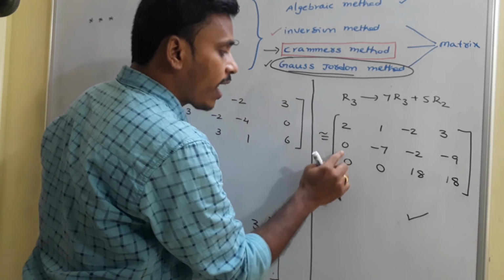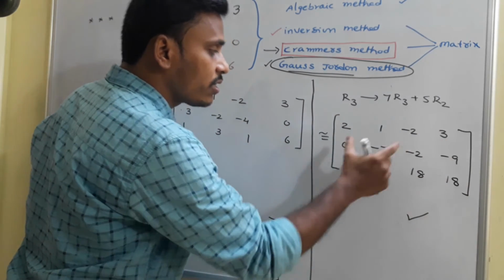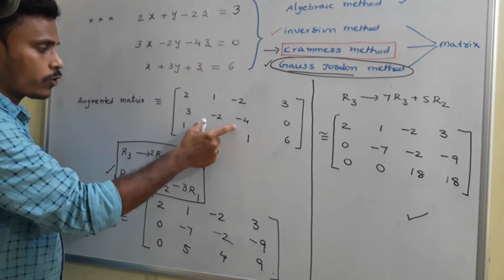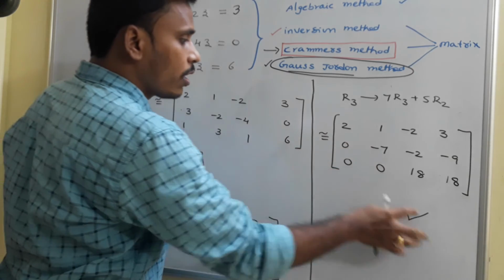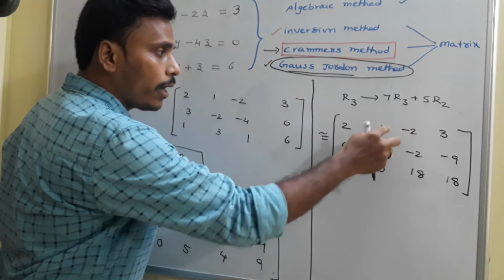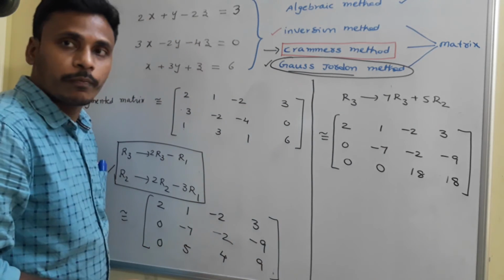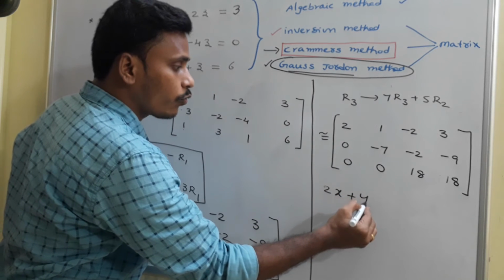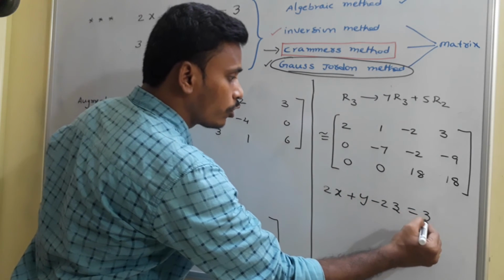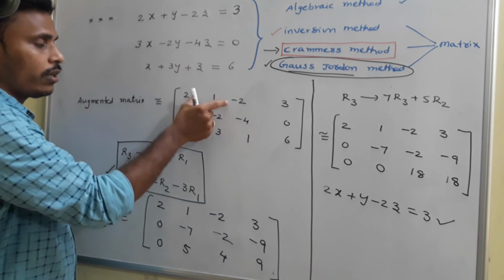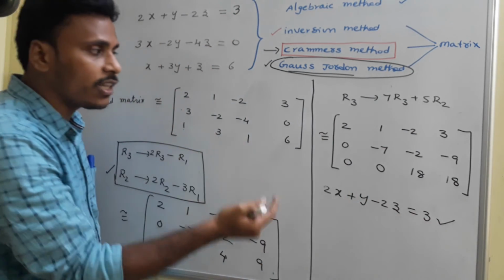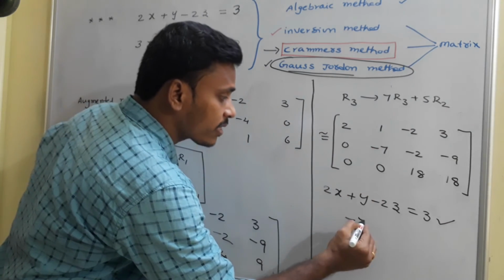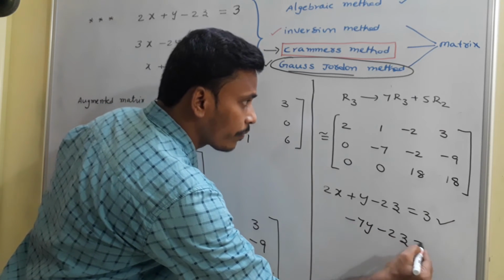At the end, after having these three elements as zeros, this is the augmented matrix. Observe these three equations, this is the matrix form. Now if you convert this augmented form into algebraic form, what are the three equations? 2x plus y minus 2z is equal to 3. 0 into x is 0, so minus 7y minus 2z is equal to minus 9.